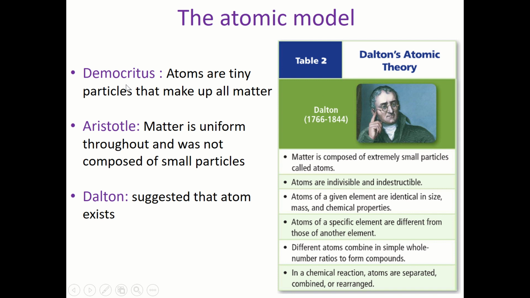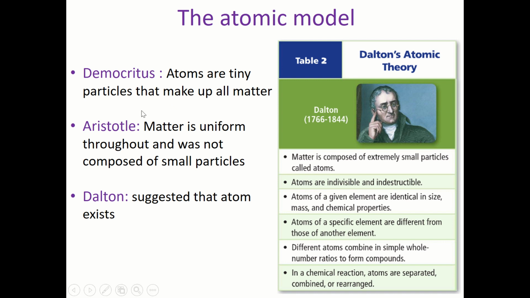Based on the textbook, he was the first one who talked to us about atoms, and who told us that matter is made up of atoms. He said that atoms are tiny particles that make up all matter. So he was by far the first person who told us about atoms.